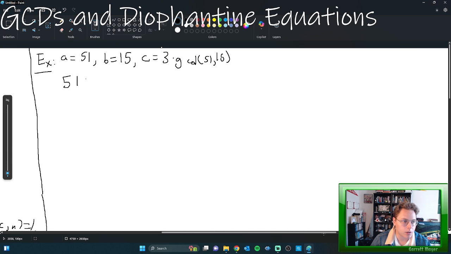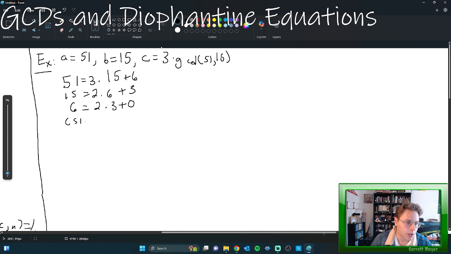Remember how we do this using the Euclidean algorithm: you just apply the division algorithm over and over again. So 15 equals 2 times 6 plus 3, and then 6 equals 2 times 3 plus 0. So the GCD of 51 and 15 equals 3. So c is going to be 9 here.